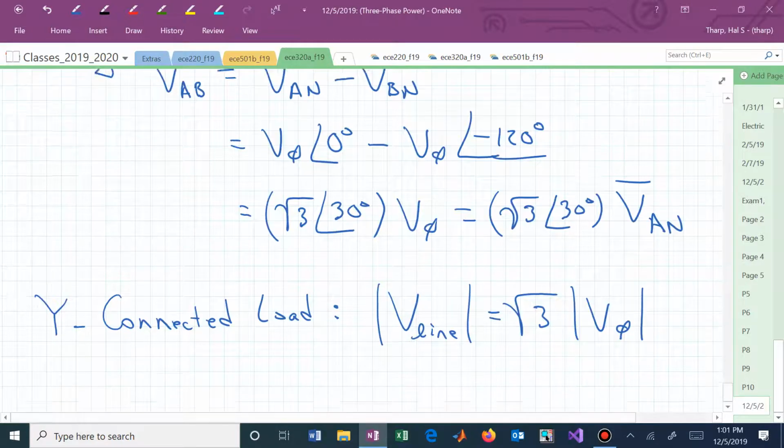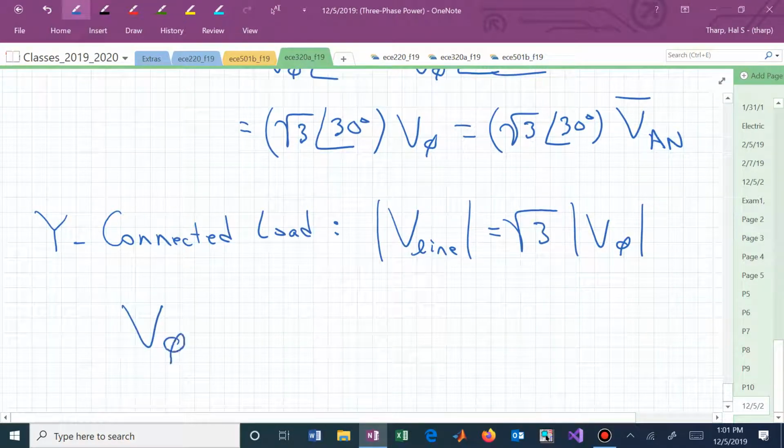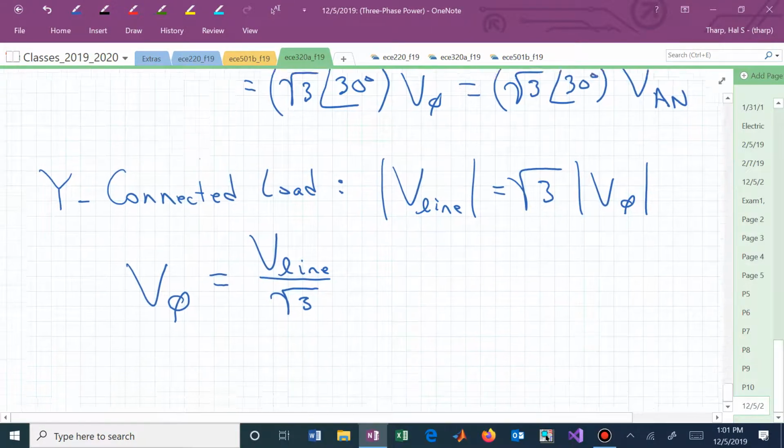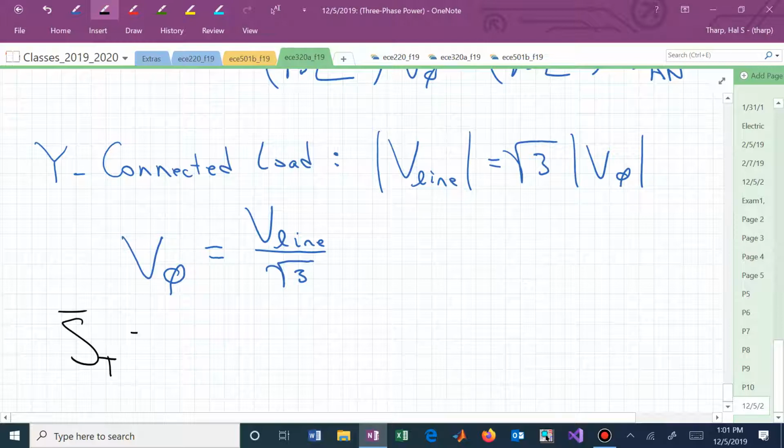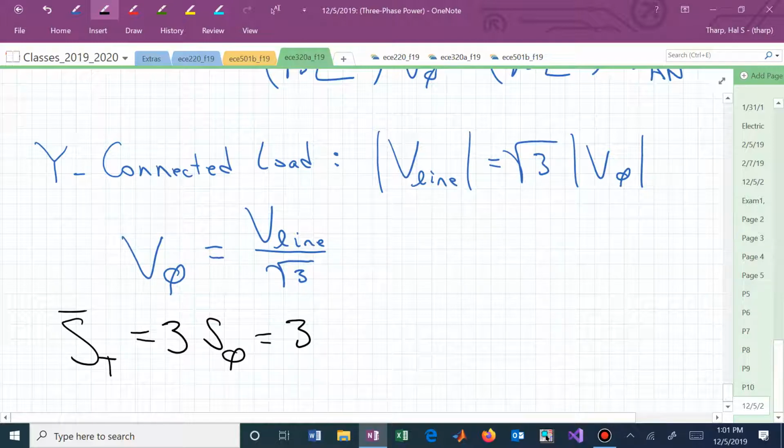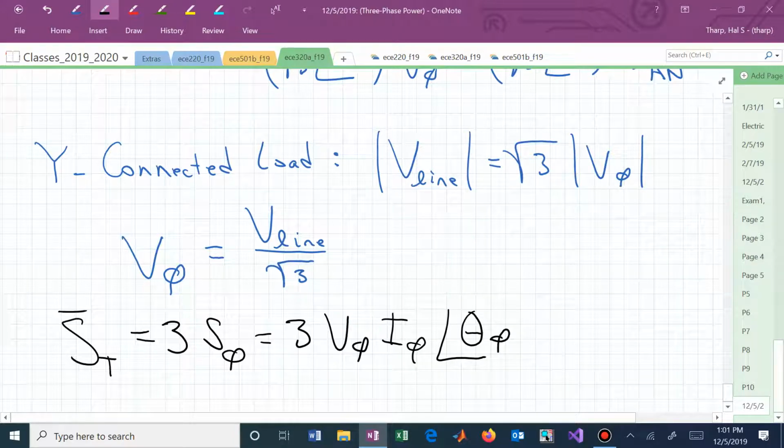Or if we just keep track of and say this is just a magnitude, we now know the phase voltage magnitude is V line over square root of 3. Now we can say, oh, well, the total complex power is 3 S phi. But that was 3 times V sub phi, I sub phi, angle of theta sub phi.